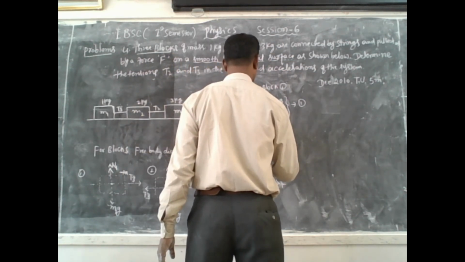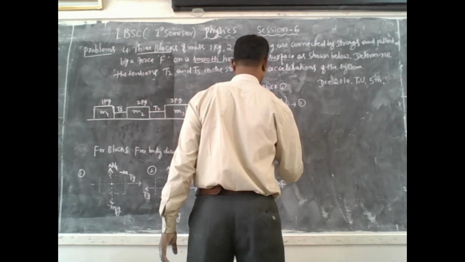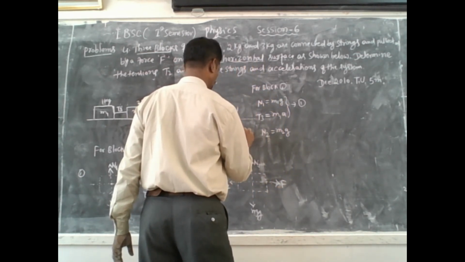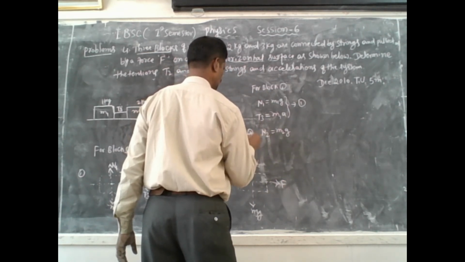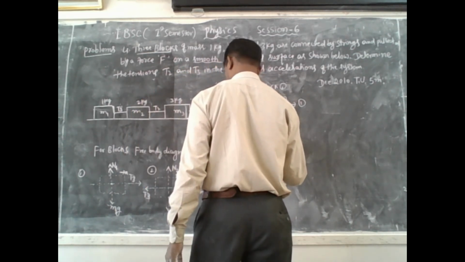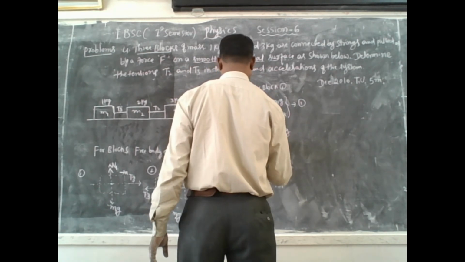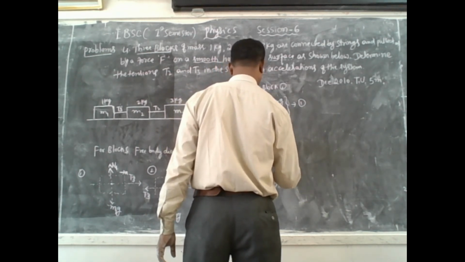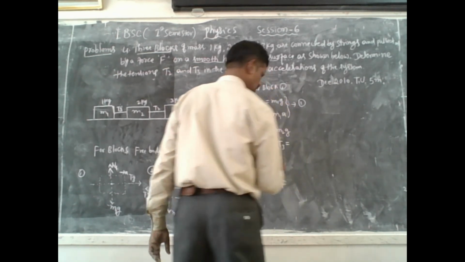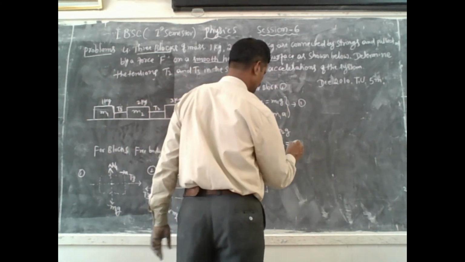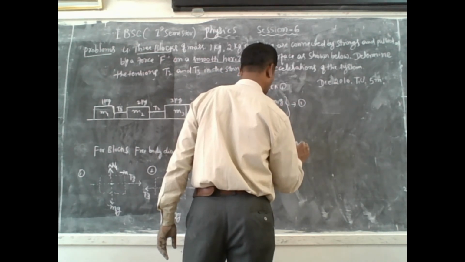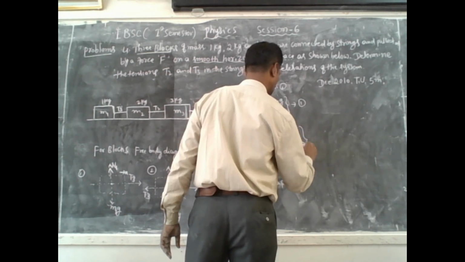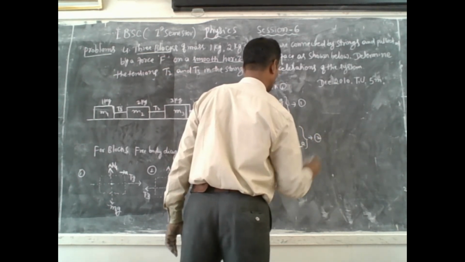For block 2, N2 is equal to M2G, and T2 minus T3 is equal to M2A. This is equation number 2.